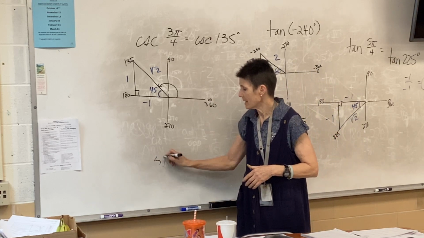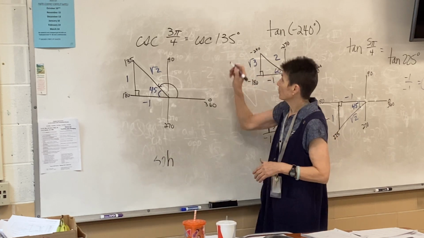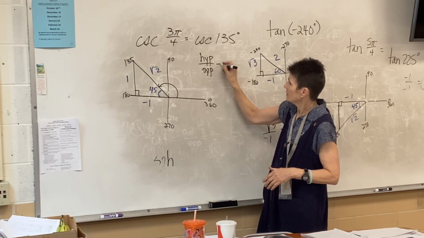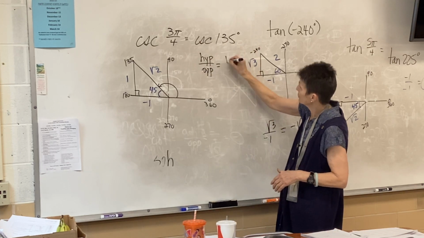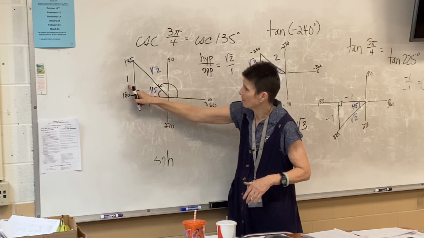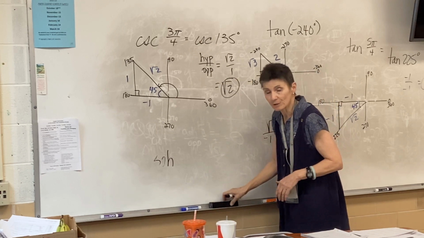So sine is opposite over hypotenuse. So this is going to be hypotenuse over opposite. So that will be root 2 over 1, hypotenuse, opposite. So the answer to the question is just root 2.